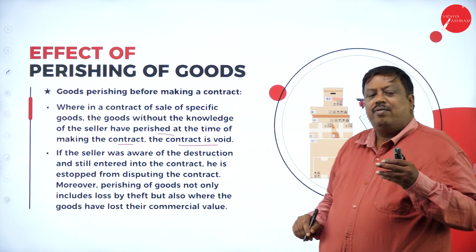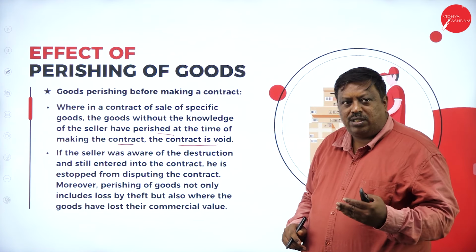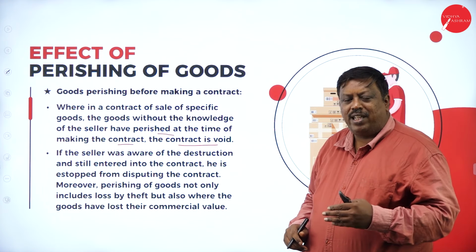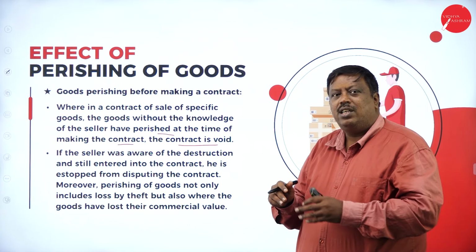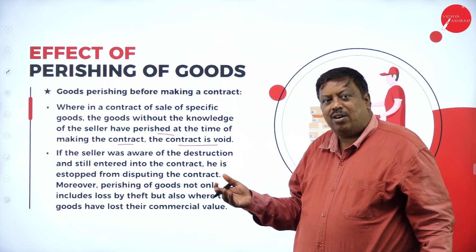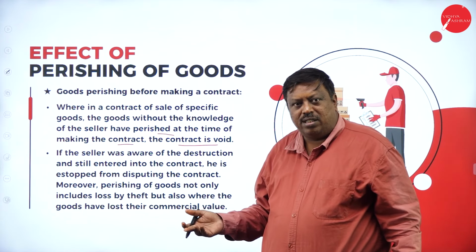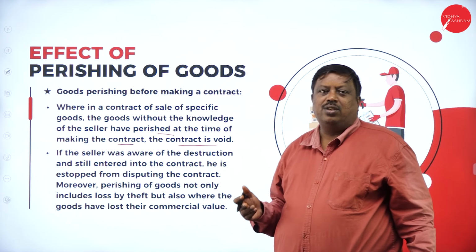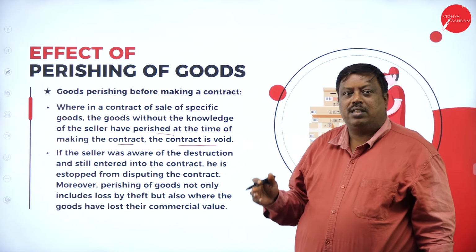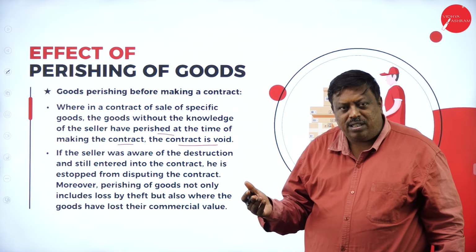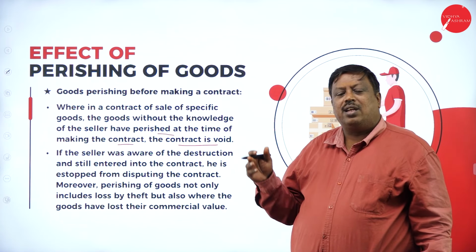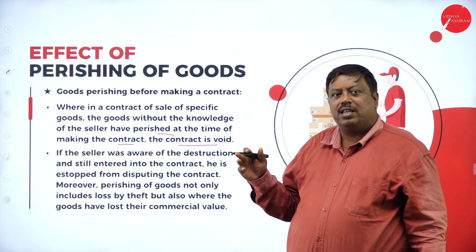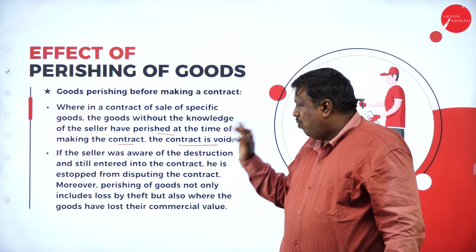See here, when we are selling perishable goods, at that time we have to verify that the goods are in good condition, or whether they are spoiled, damaged or exhausted. After seeing those things, we have to make the contract, or else if the goods are not in good condition, the contract made will be called void.